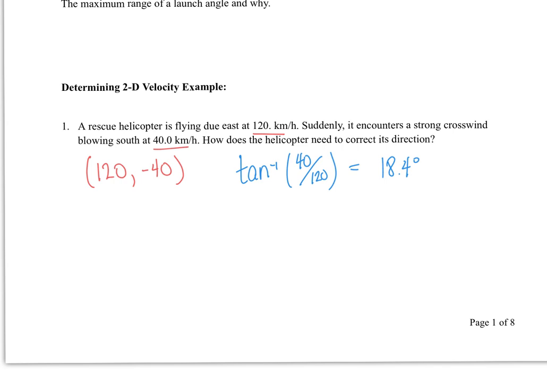If I look back at my x's and y's, a positive x, negative y tells me fourth quadrant in that coordinate plane, which directionally means it is blowing me south of east, right? So to correct, I need to do the opposite. If I'm trying to go east, then I need to correct it by going 18.4 degrees north of east. We are just doing the opposite of how it's moving me to get me back to where I want to go.